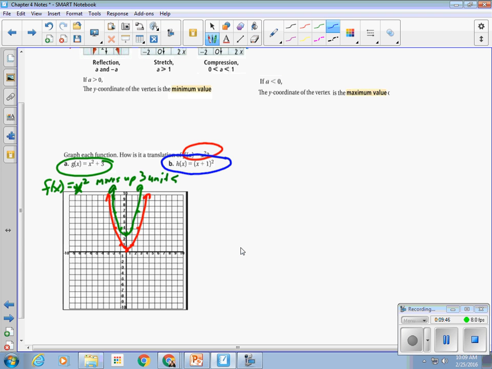So instead of my vertex being at 0, 0, it is now at negative 1, 0. So this one is f of x equals x squared, moves left 1 unit.